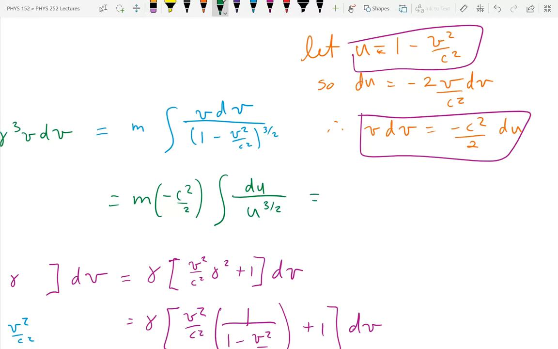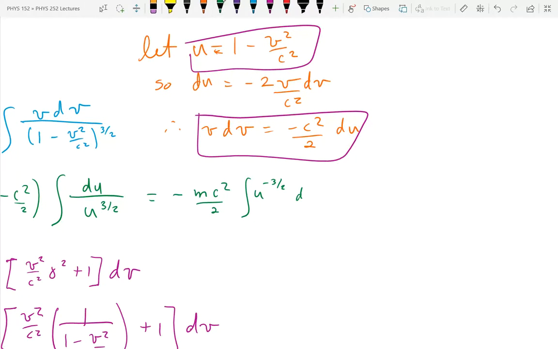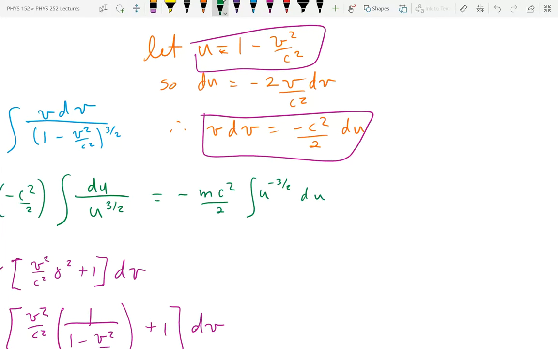Or if you prefer, that's the easy way of writing it for doing the integration. So what do I get when I integrate this beast? Is that what it is? The exponent is minus 3 over 2, yes.